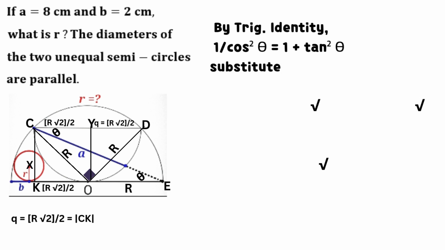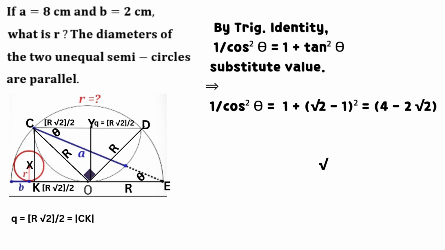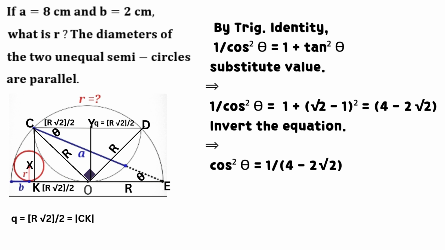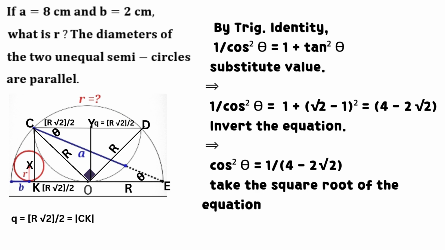By trigonometric identity, the reciprocal of the square of cosine theta equals the sum of 1 and the square of tan theta. Substitute the value and we have that the reciprocal of the square of cosine theta equals 4 minus 2 times the square root of 2. After substitution and simplification of values, invert the equation.